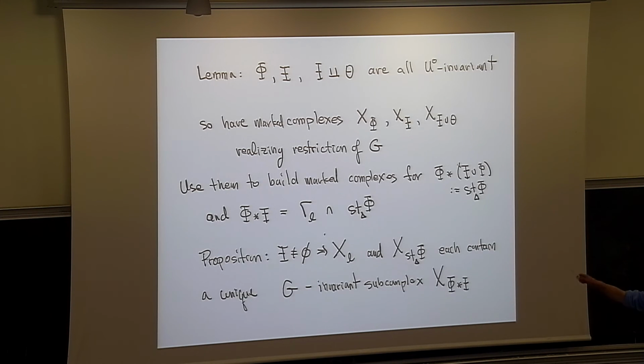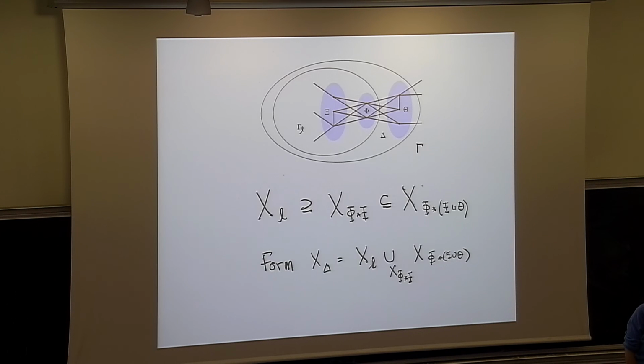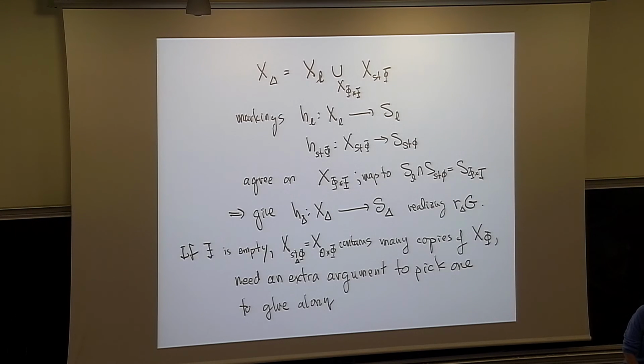So I use these guys that I've made to build the marked complexes for all the pieces. I glue them together along their common intersection, and I get a cube complex. I still have to worry that the markings all work out.